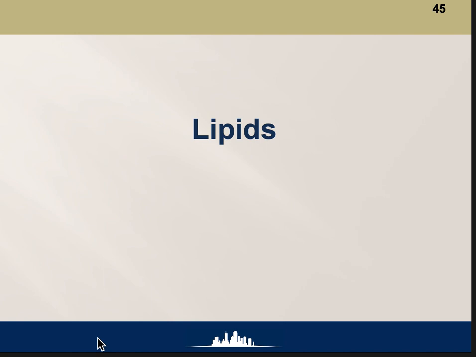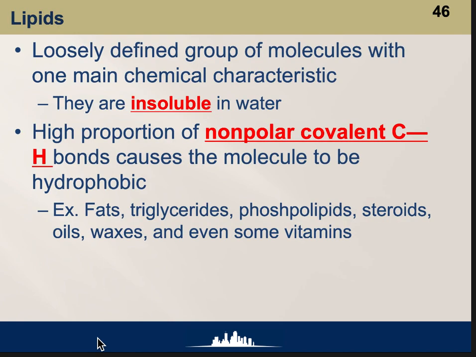Our next topic that we're going to look at is lipids. Lipids are loosely defined with one main chemical characteristic: they are insoluble in water. The high proportion of nonpolar covalent C-H bonds causes these molecules to be hydrophobic.